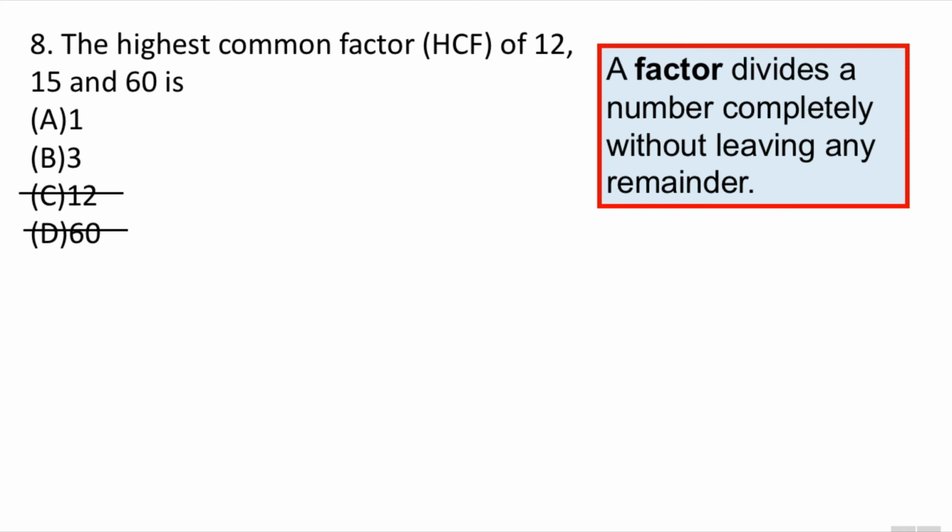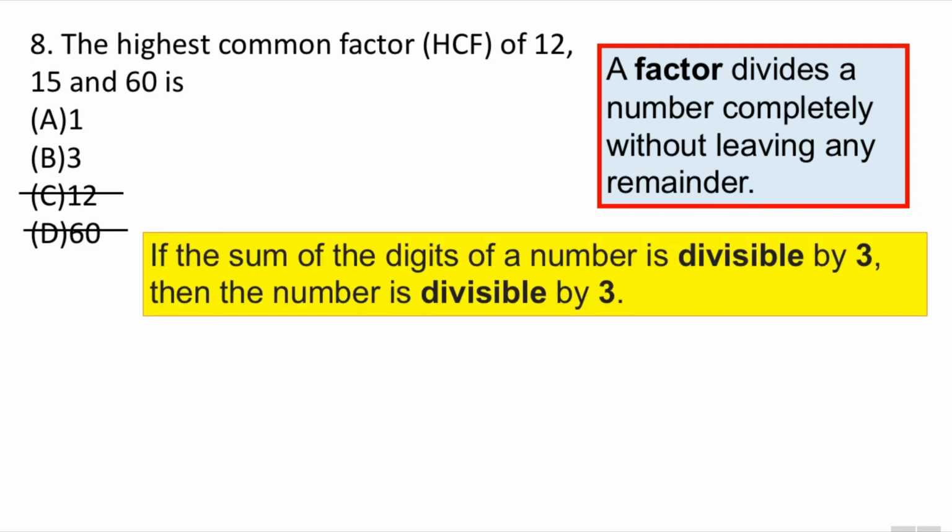So we'll use the divisibility rule for 3. So if the sum of the digits of a number is divisible by 3, then the number is divisible by 3. So what we'll do is just add the digits of 12. 1 plus 2 is equal to 3, which therefore means that 12 is divisible by 3.